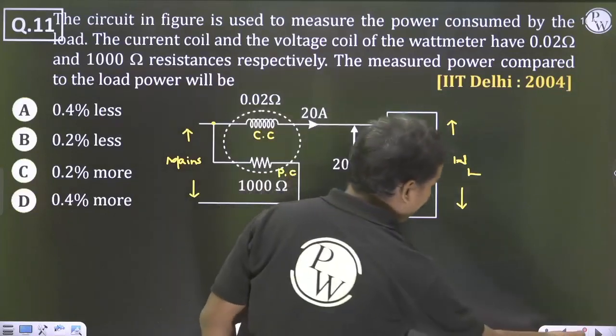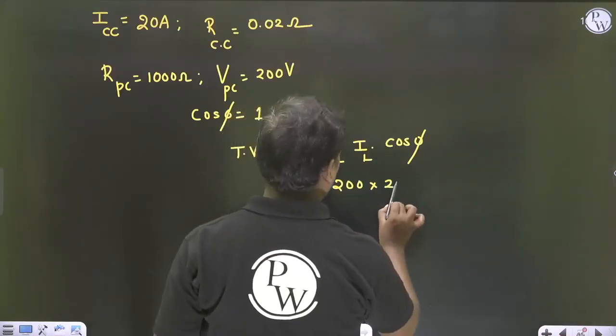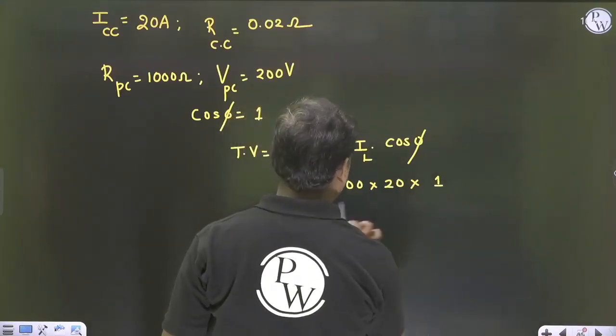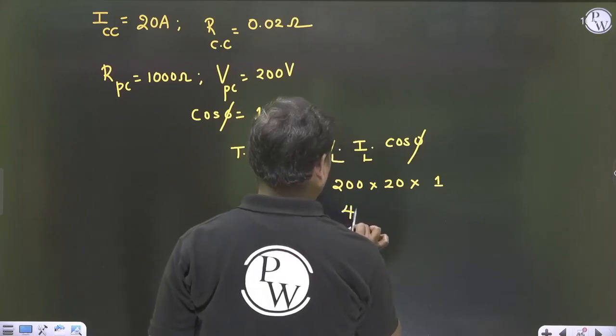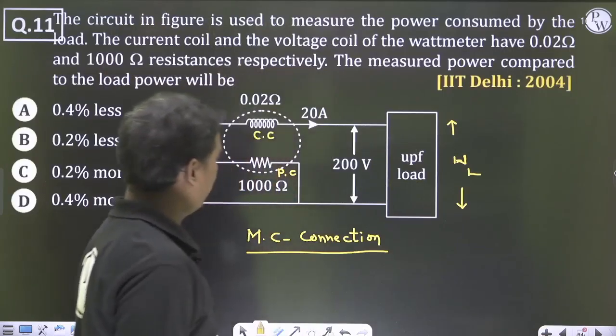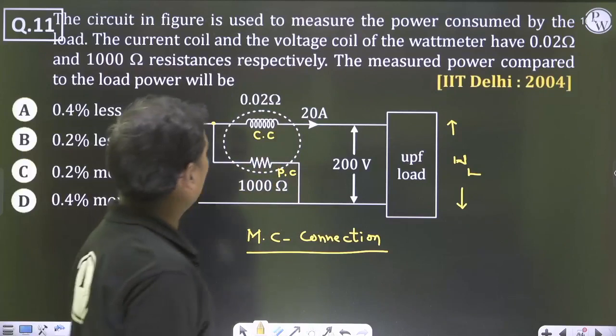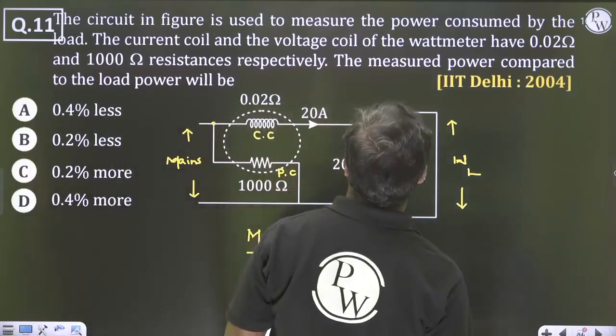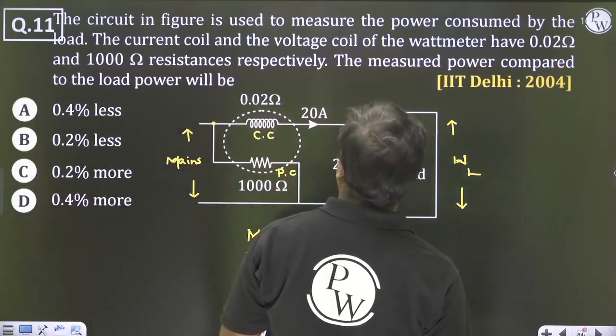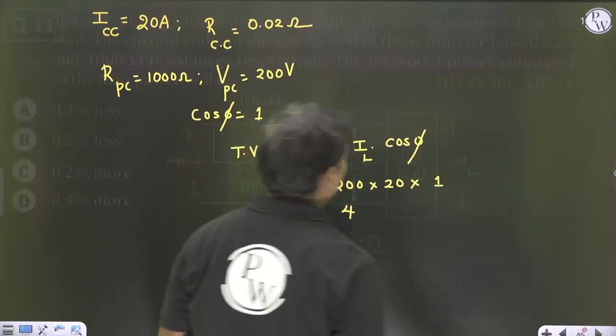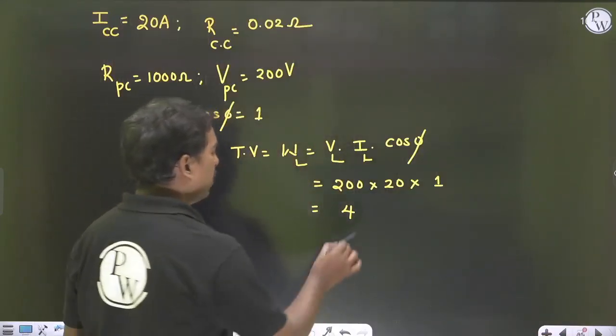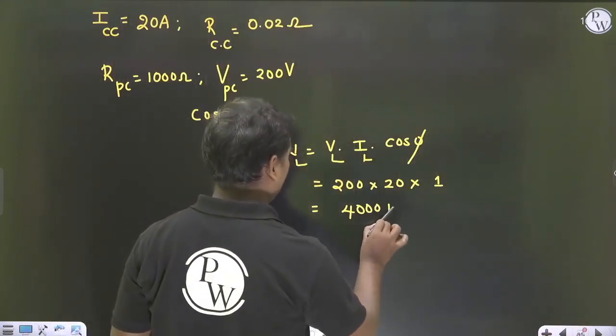That is 20 amperes, and with unity power factor, it is going to be 4000 watts.